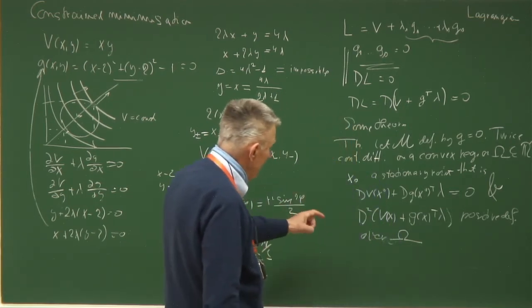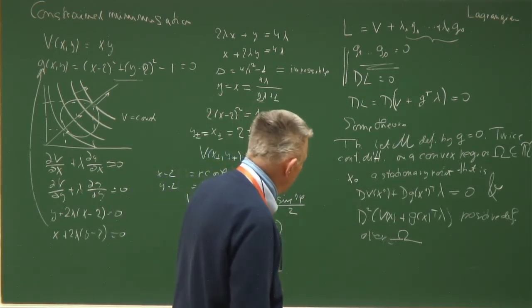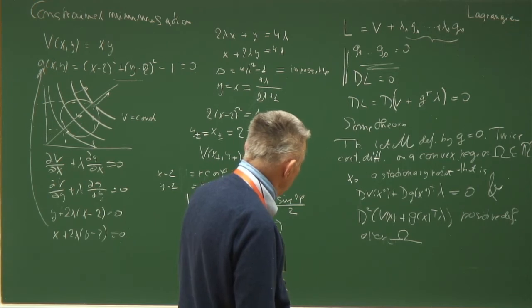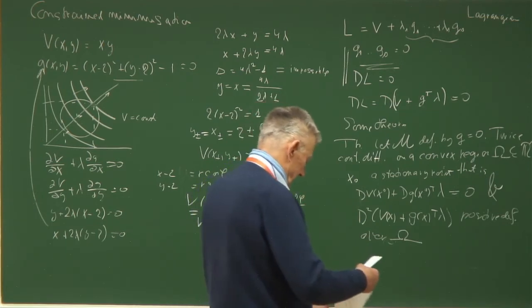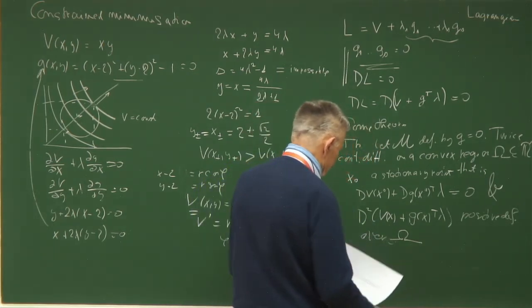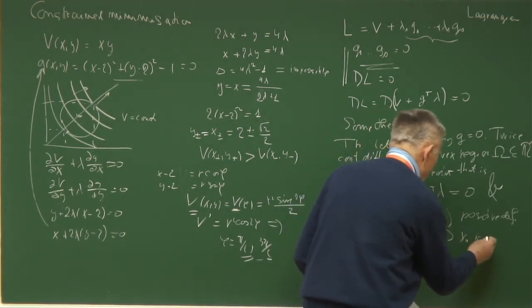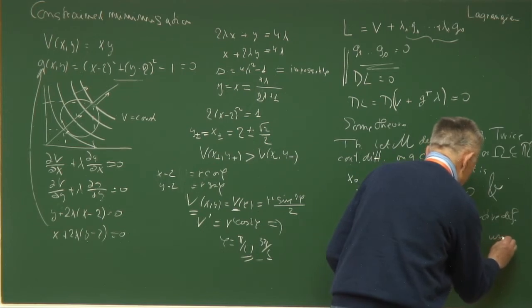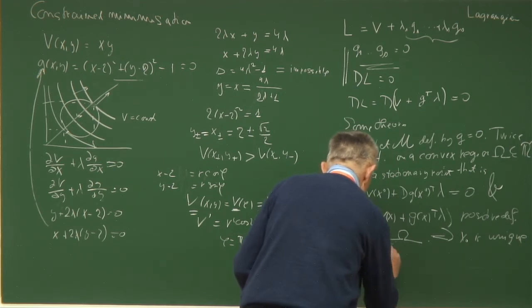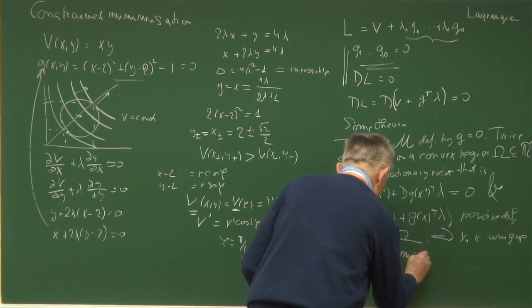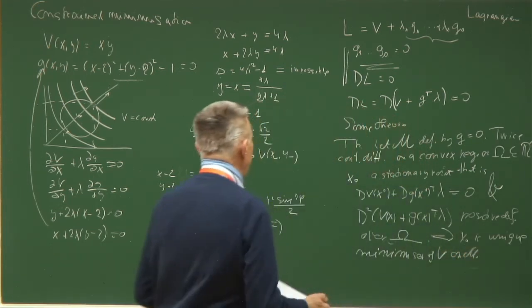And if this function has the positive definite derivative all over omega, then x0 is the unique minimizer of V on M. That's the theory.